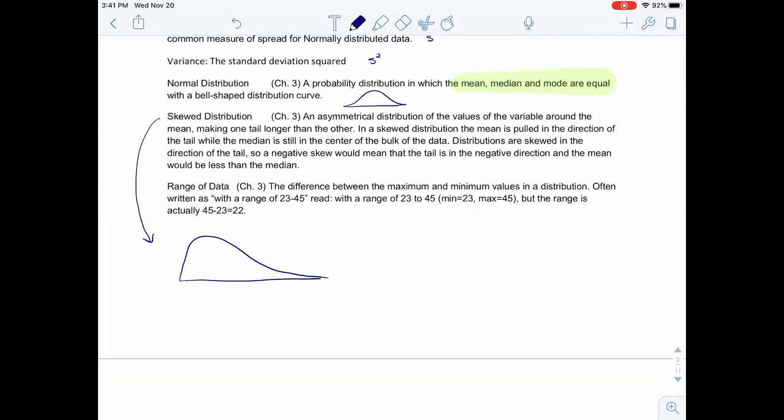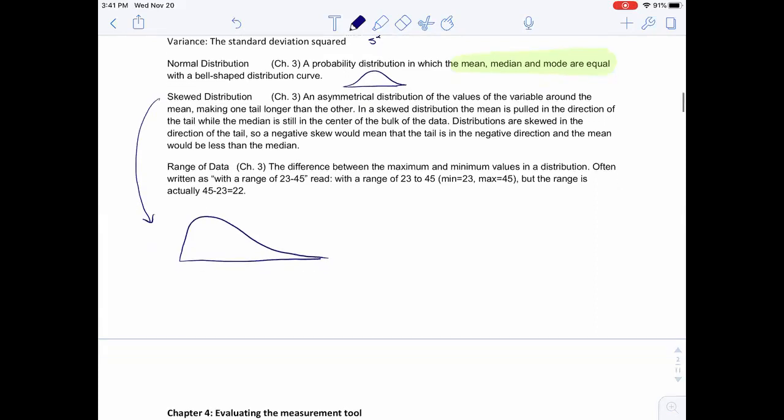So a negative skew would mean that the tail is in the negative direction. And another thing is that the mean is always pulled towards the tail, right? Whereas the median holds steady, and that's why we use it as the best measure of center for a skewed distribution.